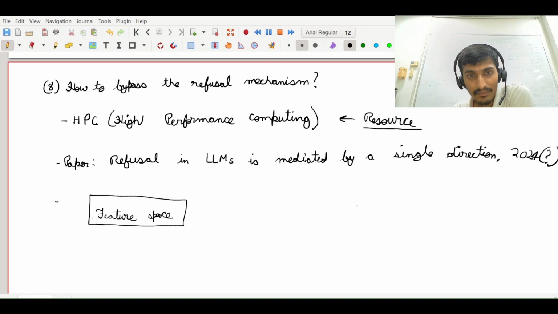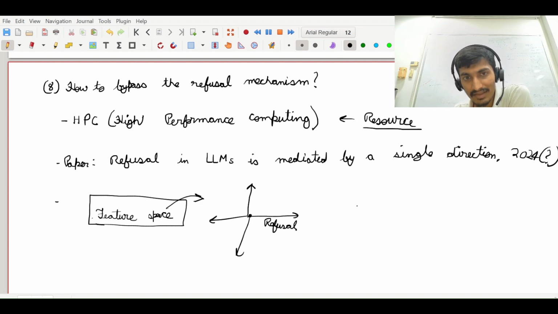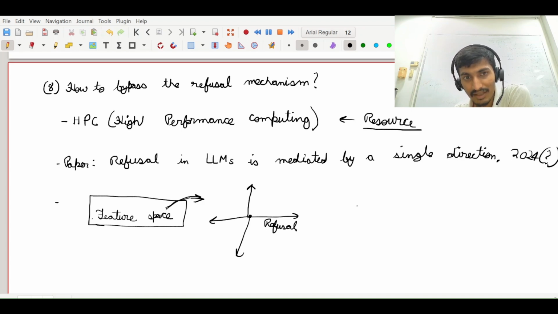They found that these models have certain properties. In particular, they map the features into a particular space, and they found that there is a particular direction which corresponds to refusal behavior.